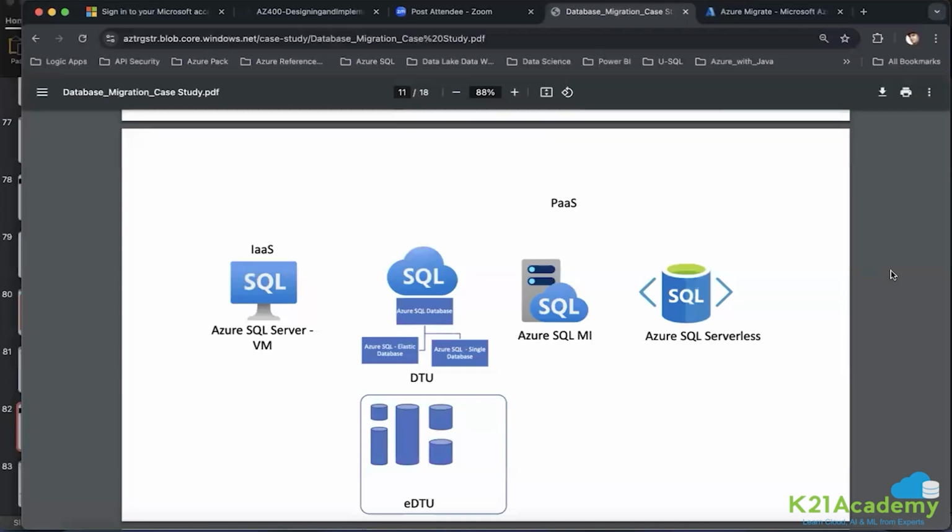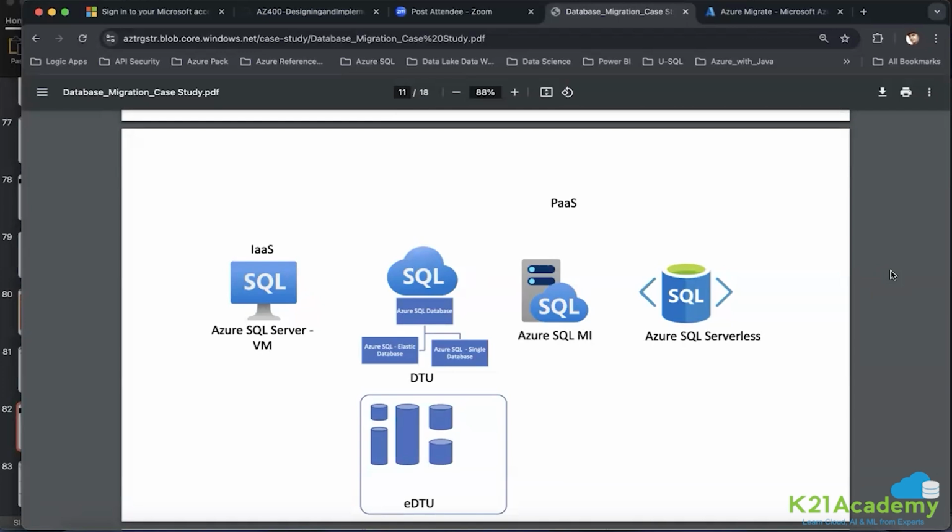When it comes to platform as a service, we don't have access to the underlying infrastructure. That is managed by the service provider, Microsoft, and when they offer this feature, they have calculated and added these things as part of the DTU.